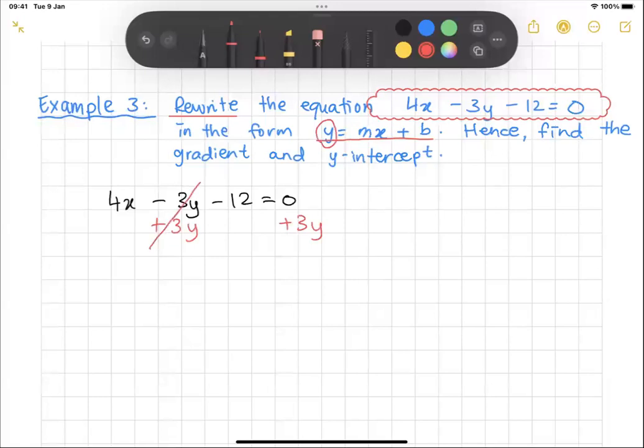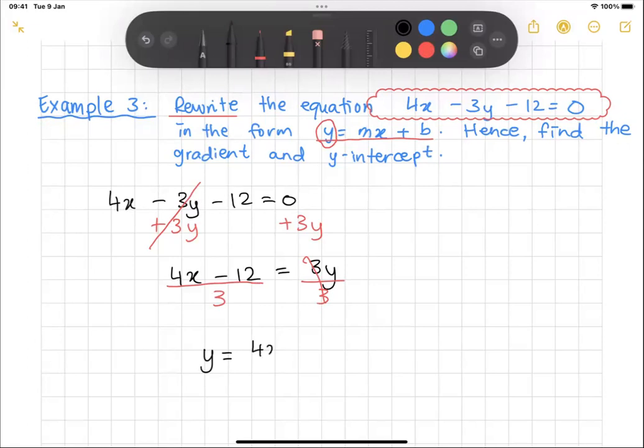This will cancel out. For my next line, I'm going to get 4x minus 12 on the left-hand side, equal to 3y. Then I'm going to divide it by 3 because I want y by itself. This will cancel out. I'm not done yet. Okay.